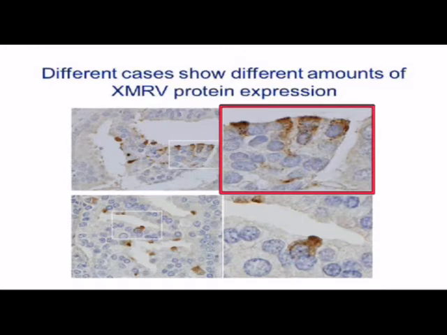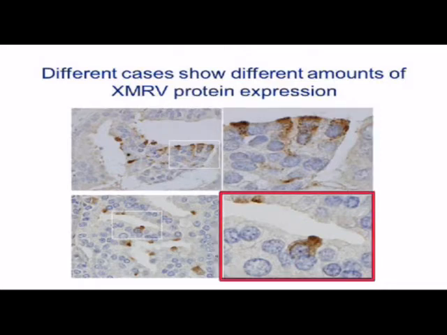There are some cells that are completely clean, and then there are others that are expressing virus. And you can see the same thing in this case as well: again you have this granular pattern of staining, but then there are many cells that are cancerous but not expressing any XMRV proteins. So that's all consistent with this; each one of these was counted as an XMRV positive prostate cancer.